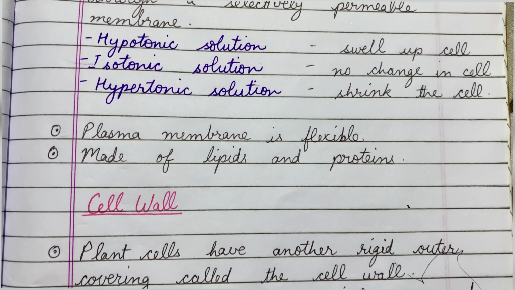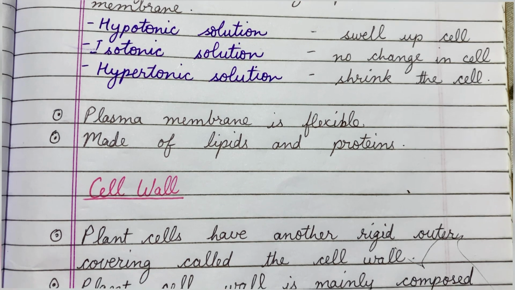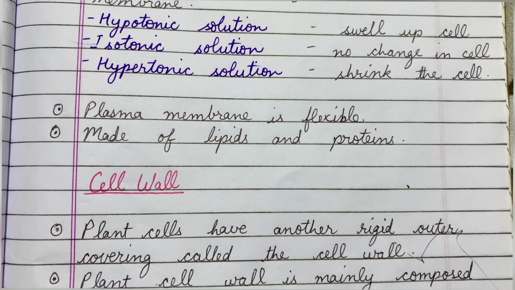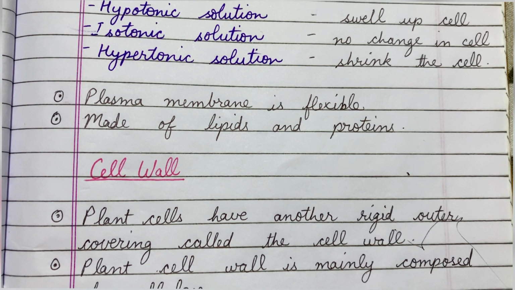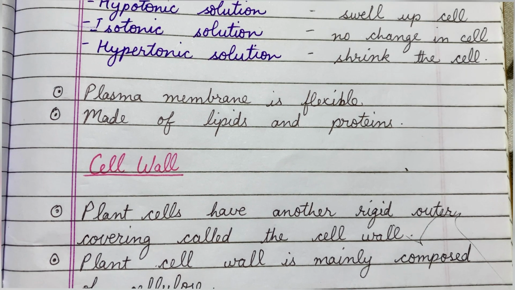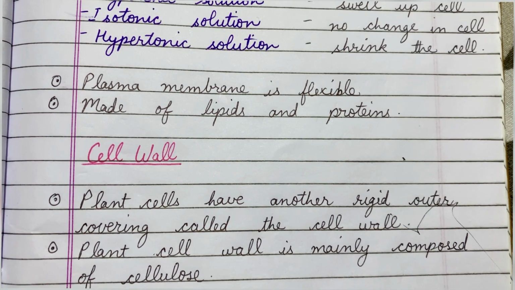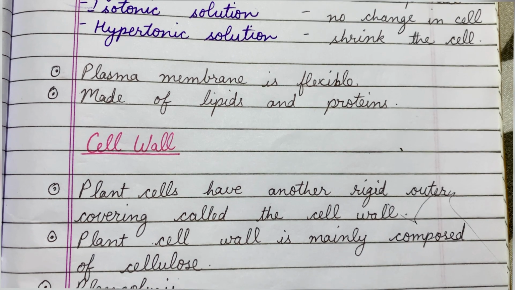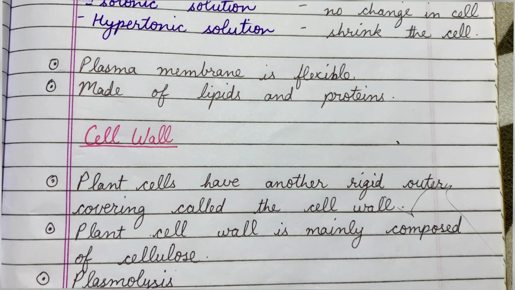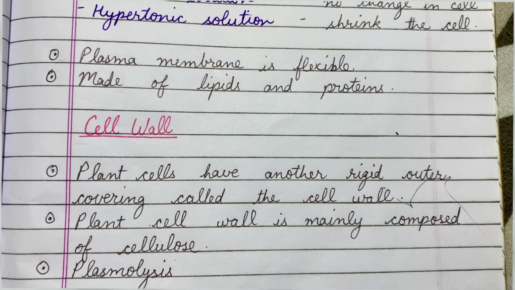Hence, the solvent from the hypotonic solution moves inside the cell and as a result, it swells up. In case of an isotonic solution, since the concentrations of the cell and the solution are the same, no change in the cell is visible. In case of a hypertonic solution, the concentration in the solution is higher than that of the cell, due to which the cell will shrink up.